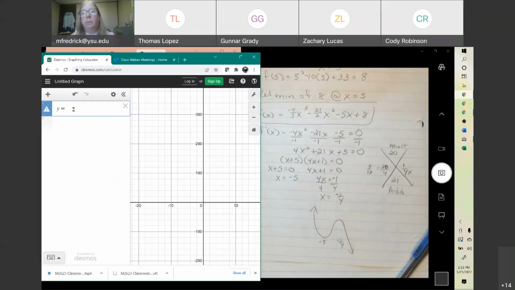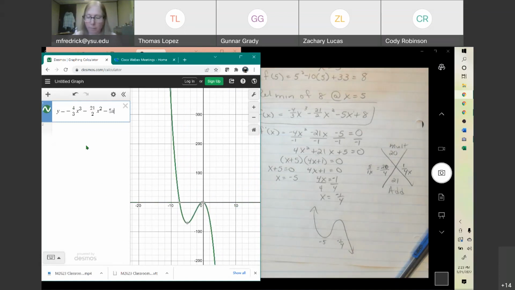So y equals -4/3 x cubed -21/2 x squared minus 5x plus 8. And there's our graph.